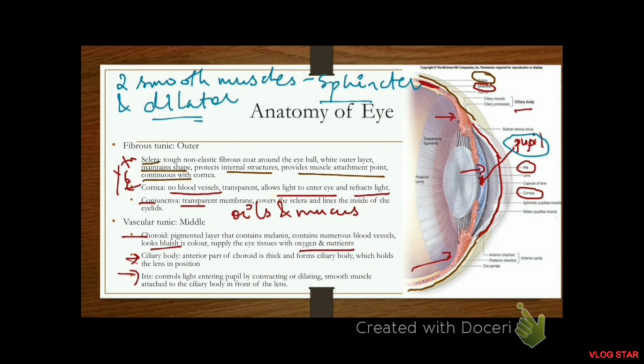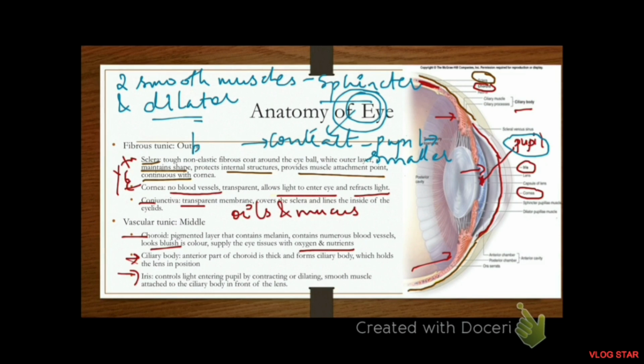So let's see how. Now the sphincter muscles are arranged in rings like this. When they contract, they will make the pupil smaller in size. And when does this contraction happen?